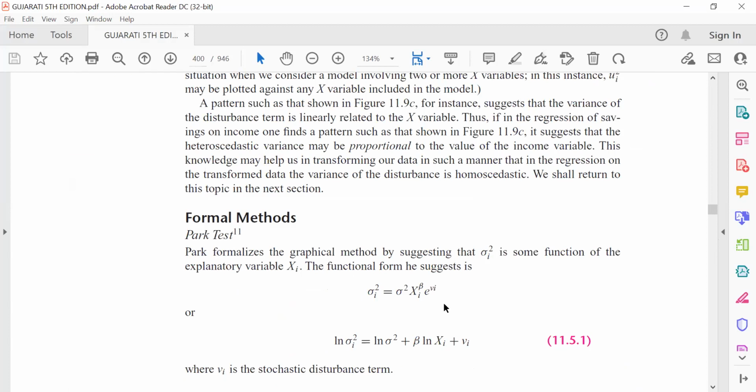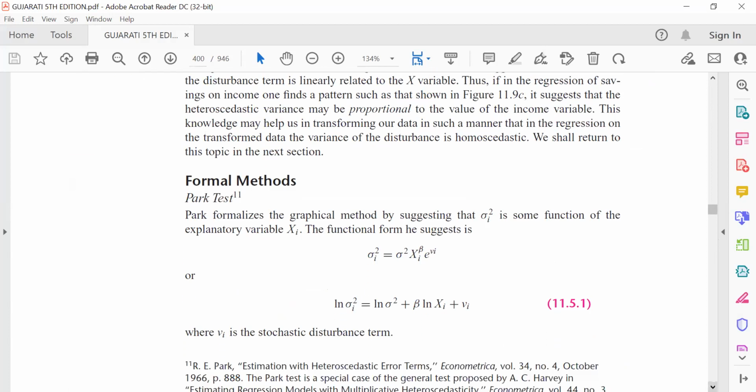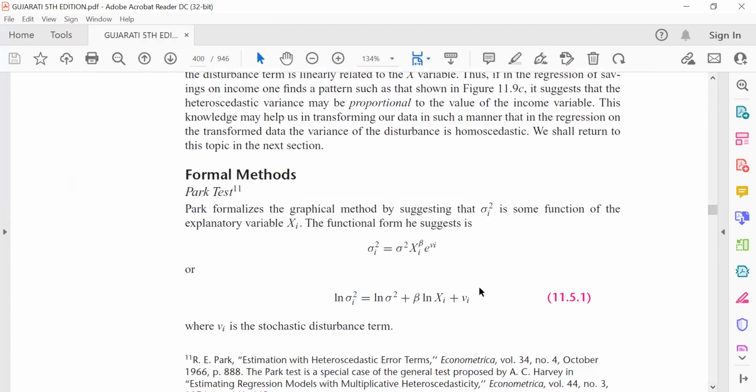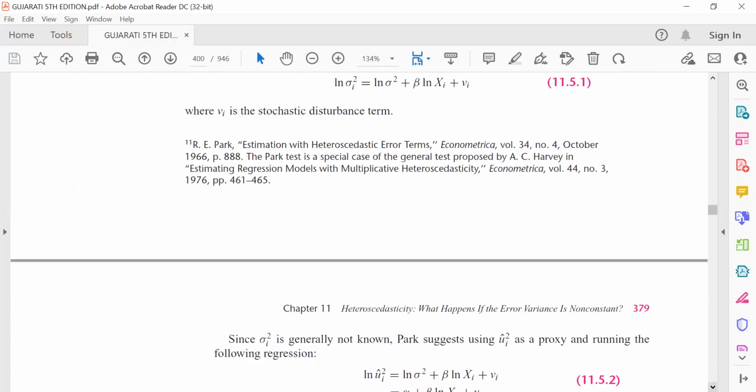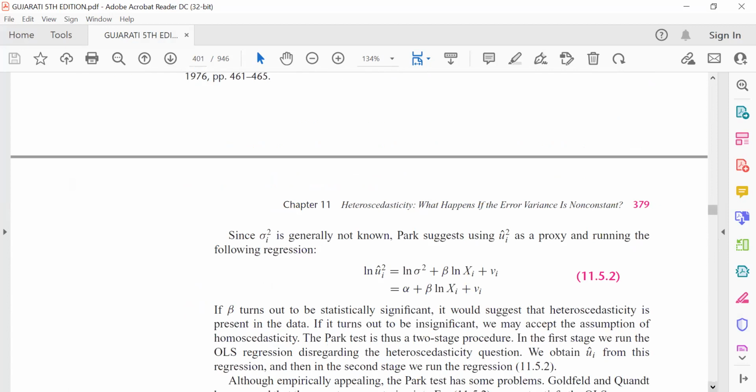Park test. It is assumed that the variance becomes bigger or smaller compared to the beginning observations. How to estimate this?